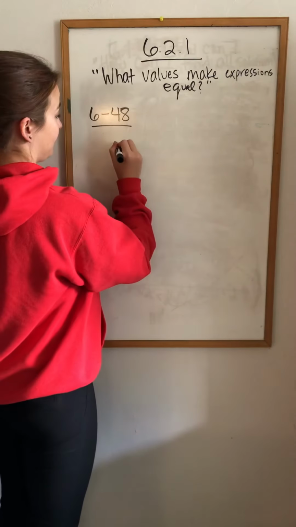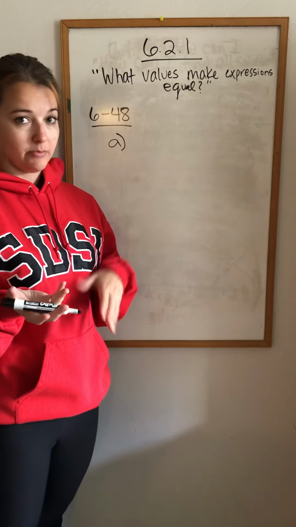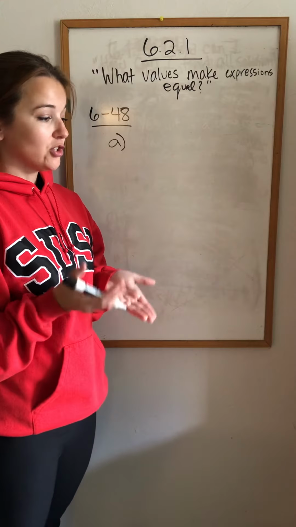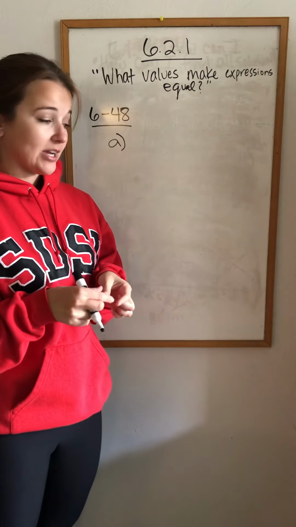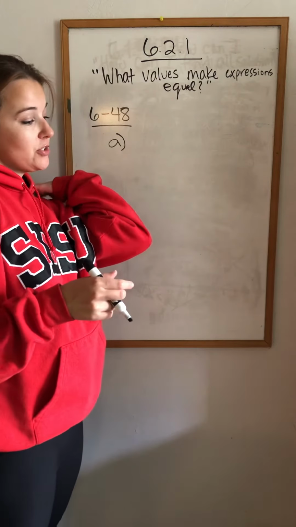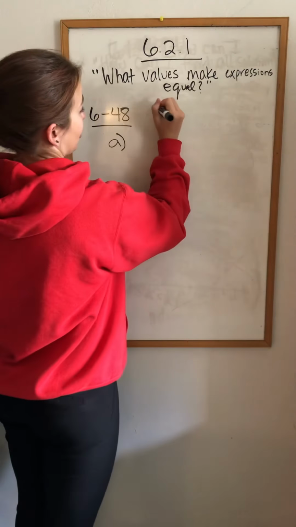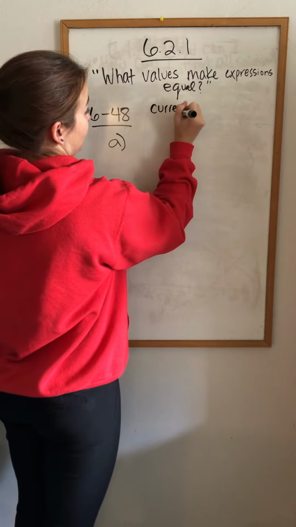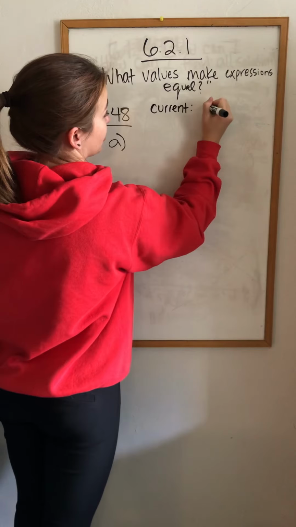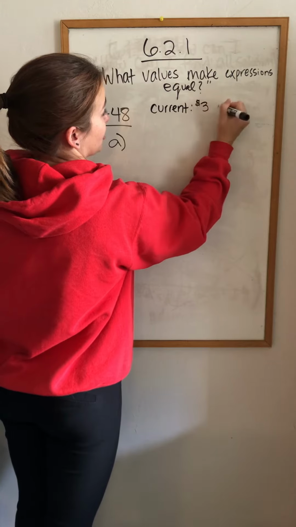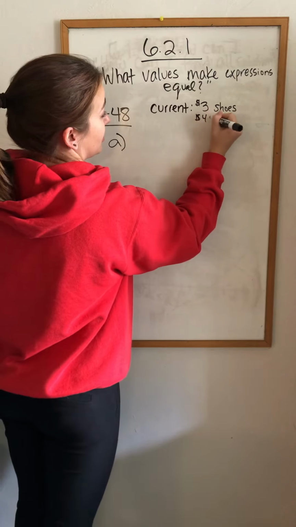Part A. If a customer rents shoes and plays 2 games, will he or she pay more with the current price plan or the new price plan? Show how you know. So Sandeep's bowling alley currently, I'm going to put the current, is $3 for shoes and $4 per game.